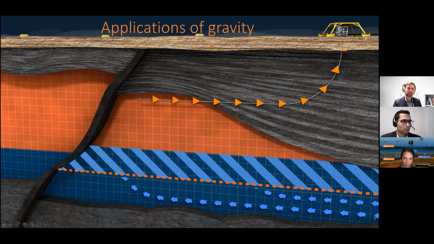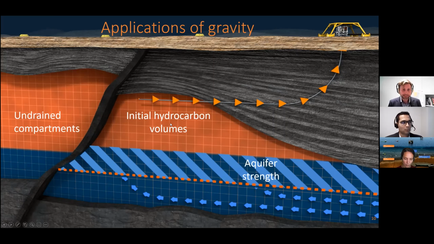And this area to the very left will see very limited changes. And that's one very basic example of how we can, for instance, detect undrained compartments, and also how we can actually measure the aquifer strength, and eventually also obtain an understanding of the hydrocarbon volumes in place.